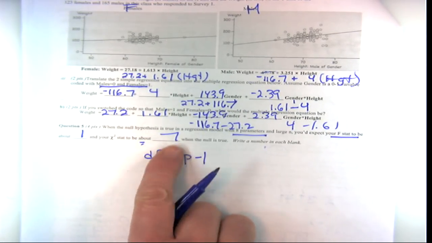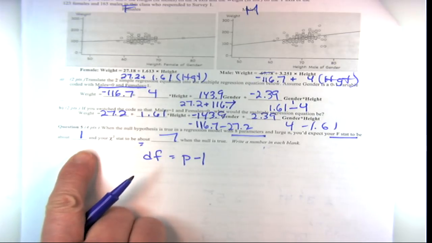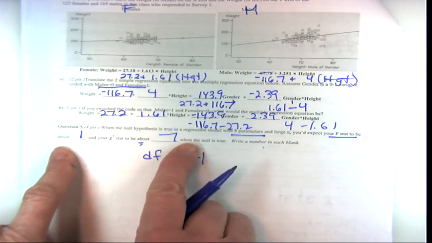And when the null is true, there really is no model, so those two things should be the same, the error and the model. I like the F because it's more intuitive to think of it that way, and it was designed to do that. That's why you divide by P minus 1, to make it 1. Otherwise, it would be 7.